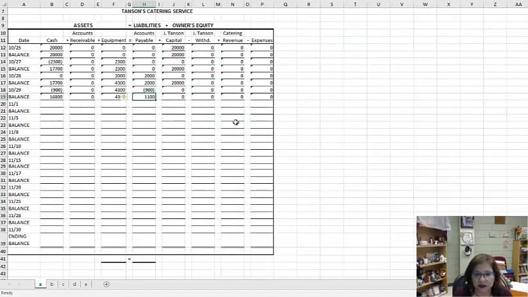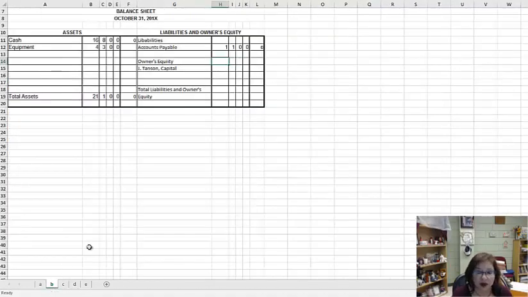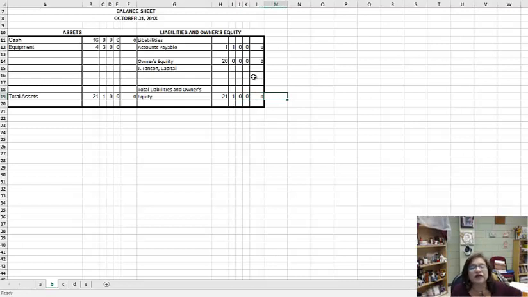His capital hasn't changed. He still has the $20,000. He hasn't taken out, and he hasn't put in. So here you put in the $20,000. And some of you should already be seeing that this total here is $21,100. So you have the information for October already there.